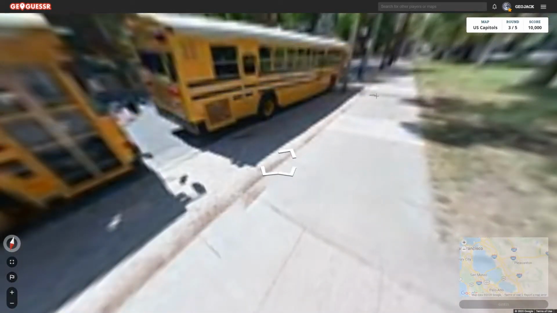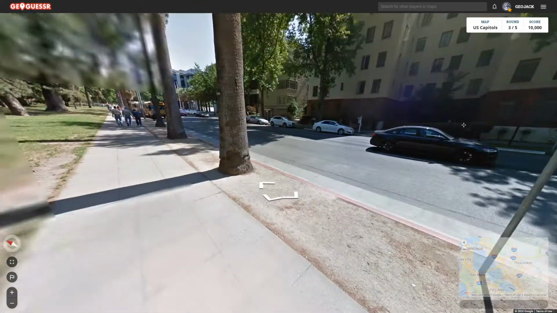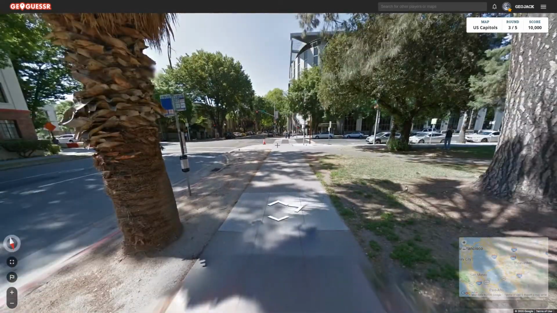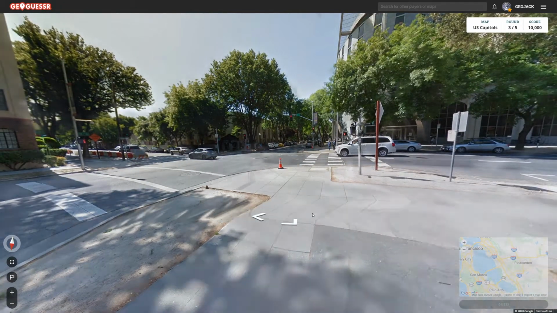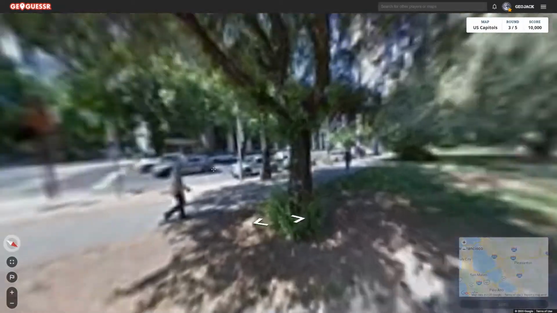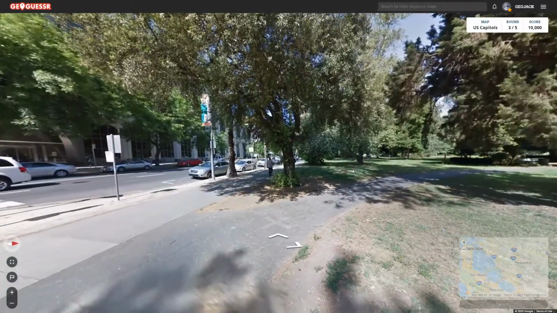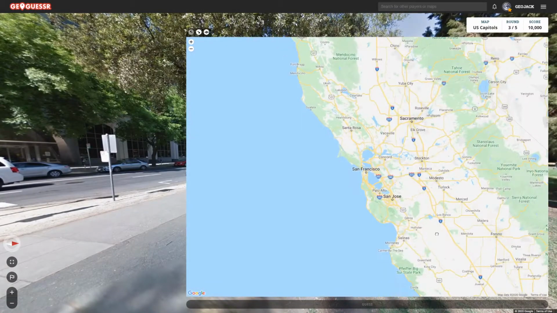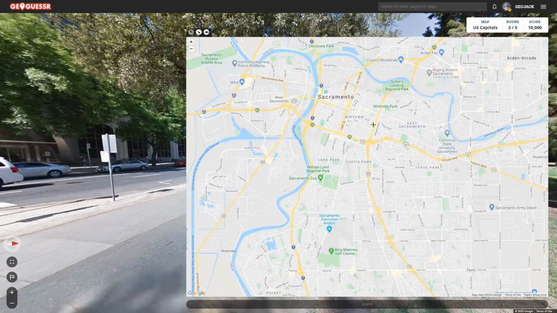Right, okay, so these are just a lot of different vans, aren't they? Not helpful at all, because we're definitely not in Washington state or city. Oh, let me go on the road. Could we be... I think the capital of California is Sacramento, isn't it?